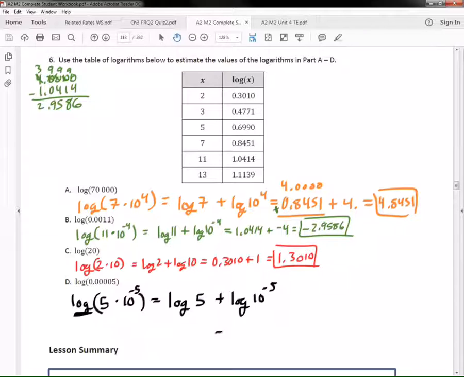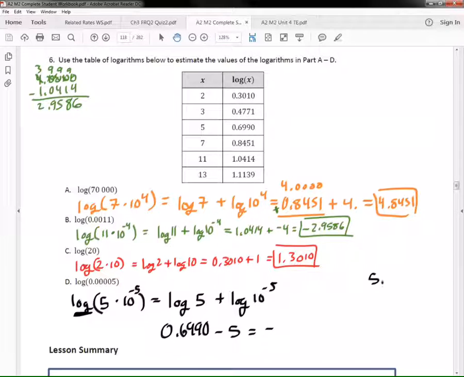So we have minus 5, and log of 5 we're going to get from our table, which is 0.6990. Because we got subtraction going on, let's review our subtraction here. We have a negative 5 and a positive 0.6990. The negative 5 is farther from 0, so that means our answer is going to be negative.